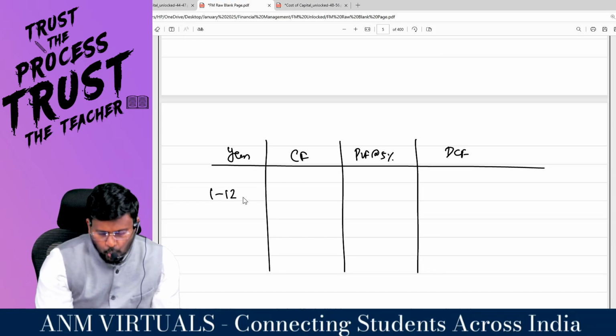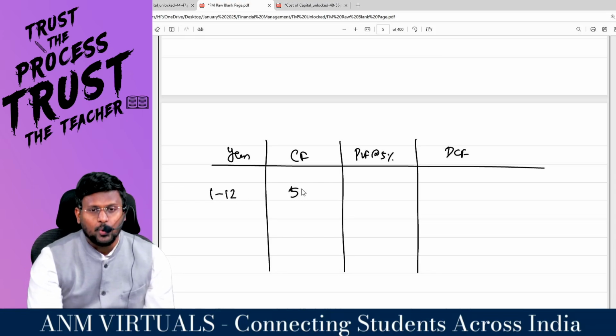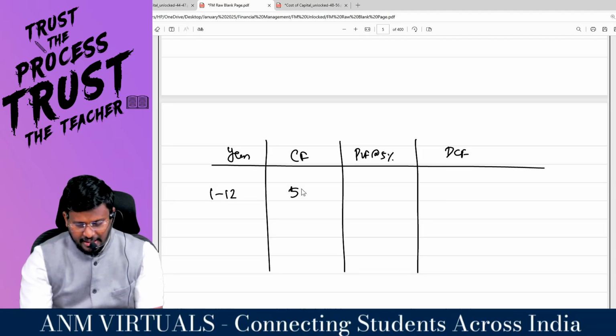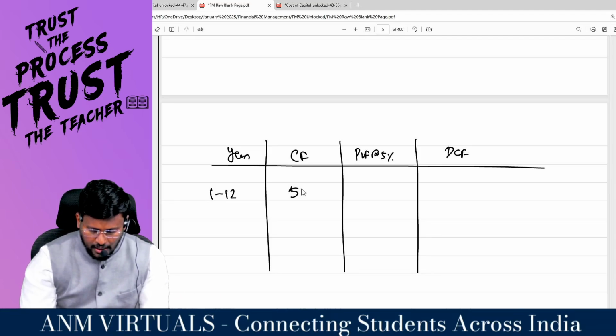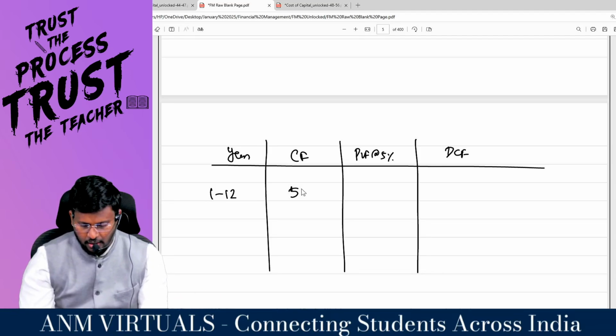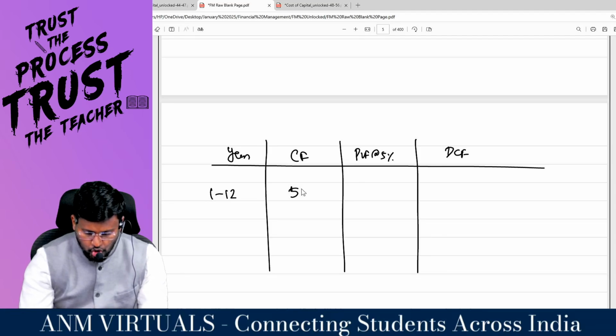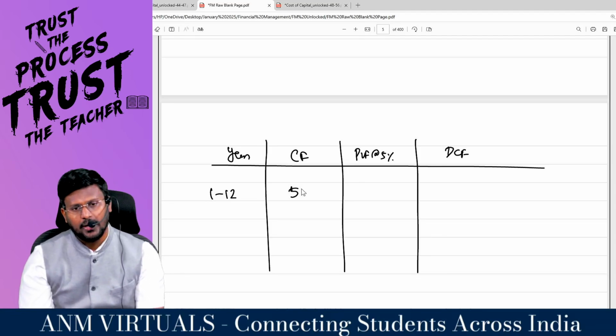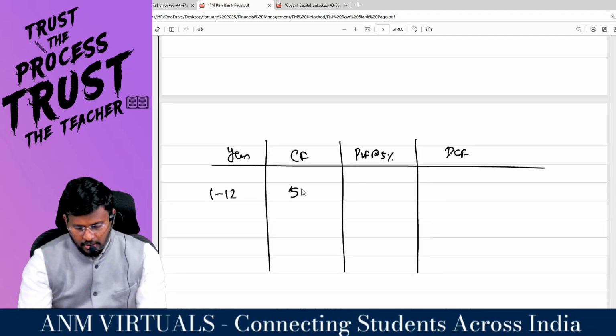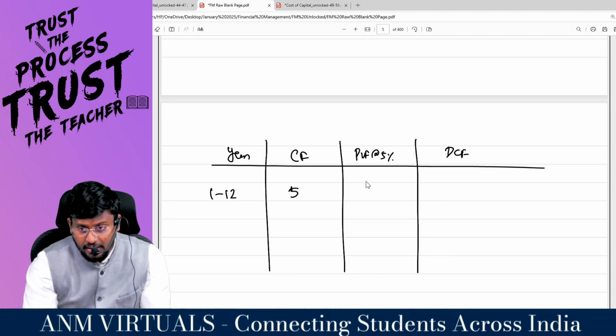From 1 to 12 years, I will be having 5 rupees as a dividend. I will take the calculator. In the calculator, 1 divided by 1.05, you get 0.952. Then press equals 12 times, GT. What GT are you getting? 8.86.